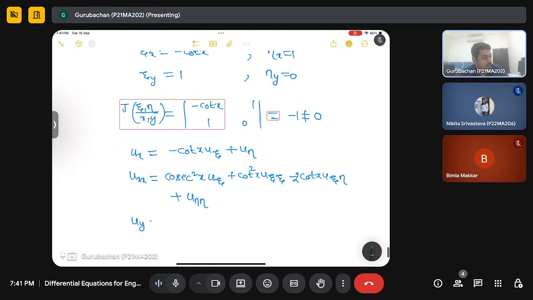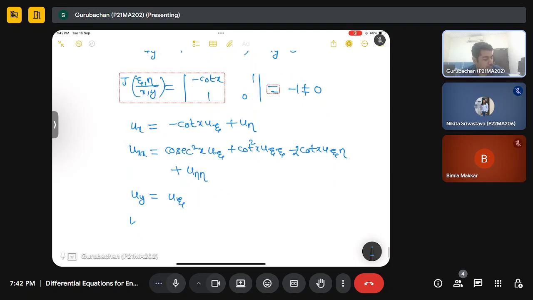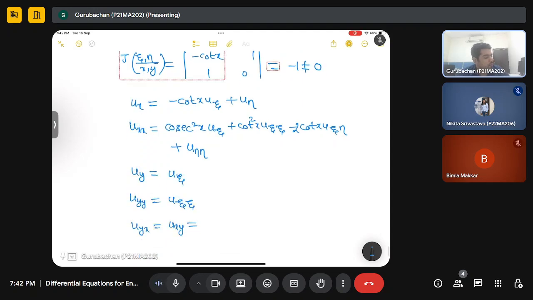Now uy will be u xi and xi y, that is directly u xi, and eta y is 0, so it will not contribute anything. Then uyy will be again u xi xi. So you can calculate uyx, that is uxy, from this expression. So this will be u xi eta, or you can say u xi xi, and xi with respect to x.